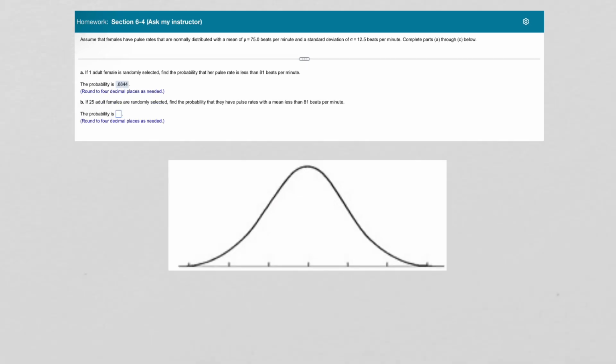Here it says if 25 adult females are randomly selected, find the probability that they have pulse rates with a mean less than 81 beats per minute. So now we're going to make a distribution of sample means.